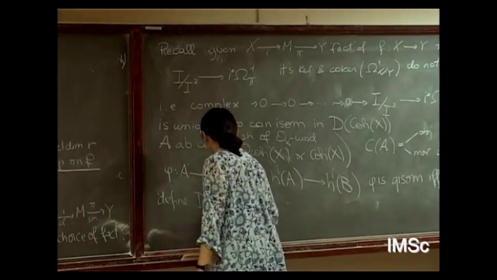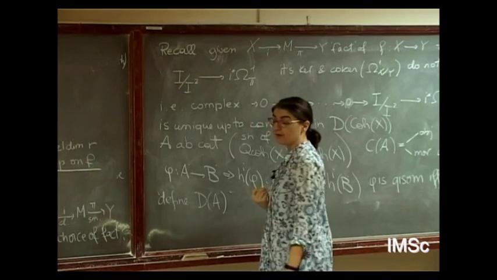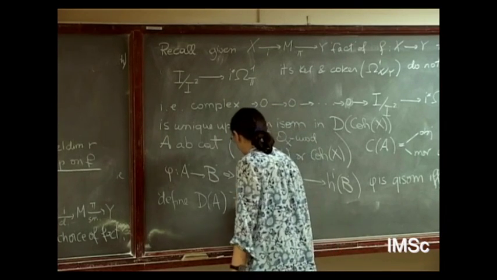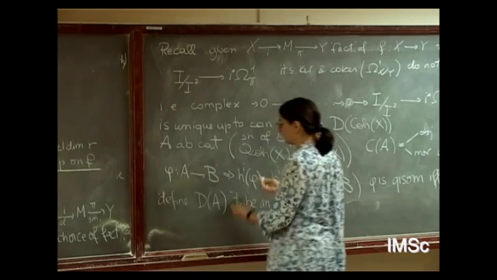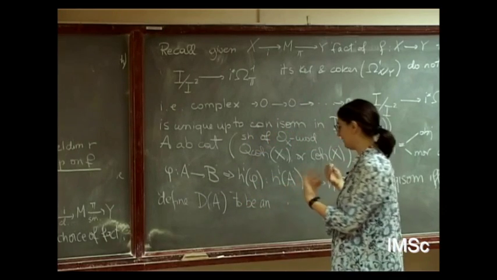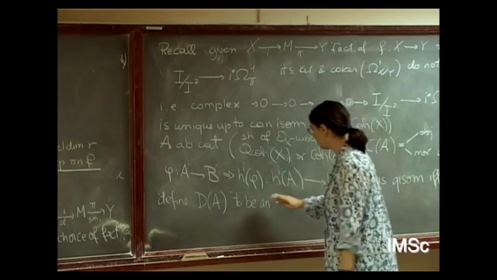And then you define D of A dot by a universal property to be an additive category. Additive category just means that the morphisms are groups and the composition behaves.